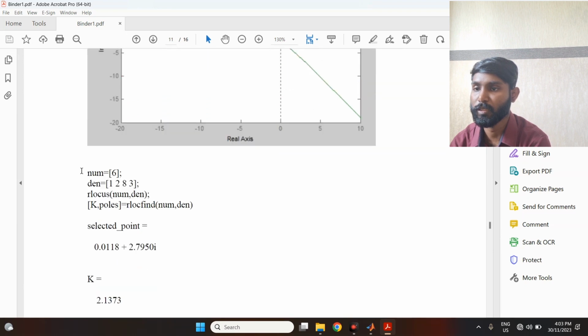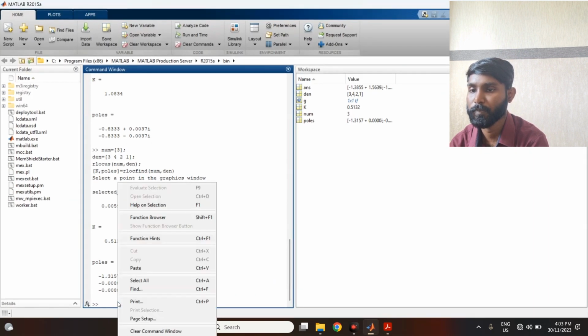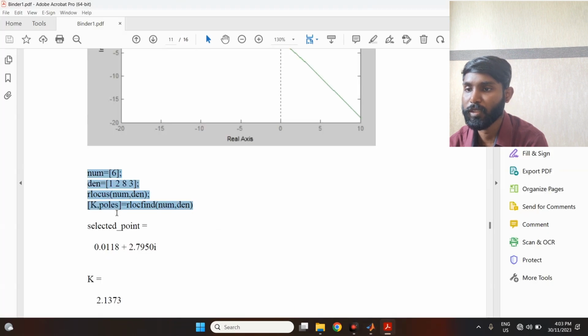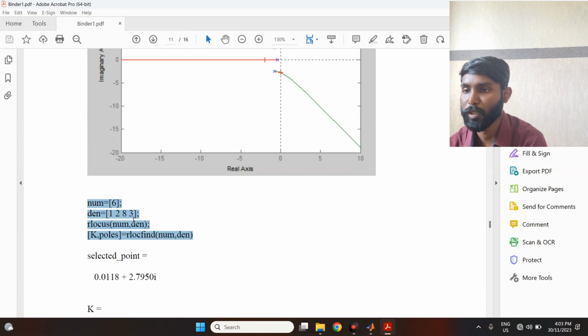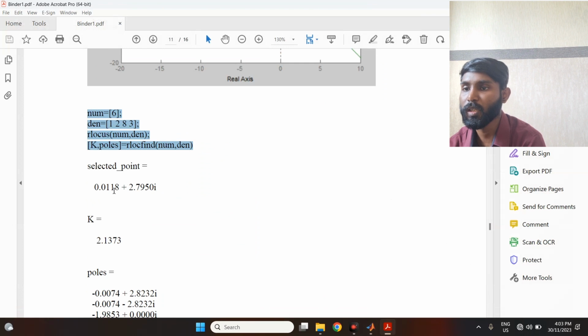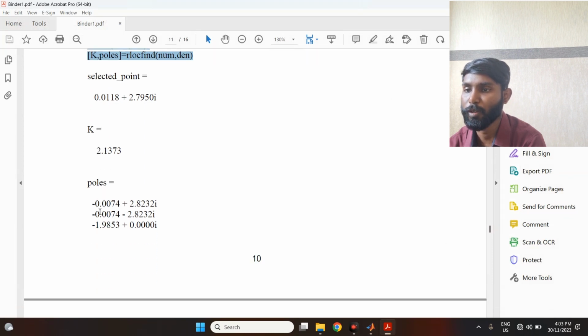This is the numerator and denominator, rlocus plus k and poles. The numerator is 6 and the denominator is 1, 2, 8, 3. So these are the points: 0.0118 plus 2.7950i, K is 2.1373, and the poles are negative 0.0074 plus 2.8232i, negative 0.0074 minus 2.8232i, and negative 1.9853 plus 0.00i.